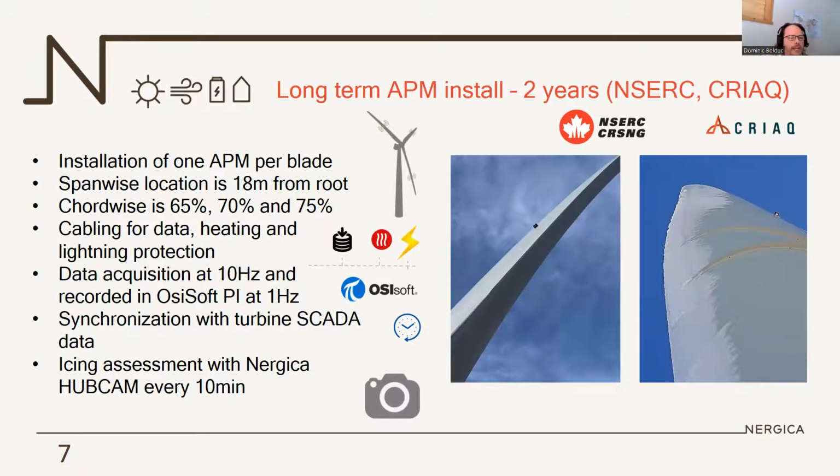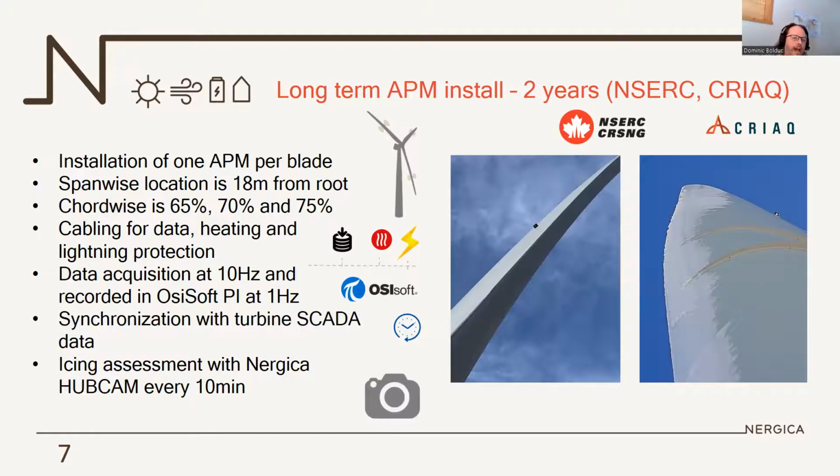We acquired the data at 10 Hertz from the Marin system, but we recorded at 1 Hertz on our OSIsoft PI system because the turbine registers data at 1 Hertz. We also synchronize the data with the SCADA of the turbine to make sure that we are in line together.